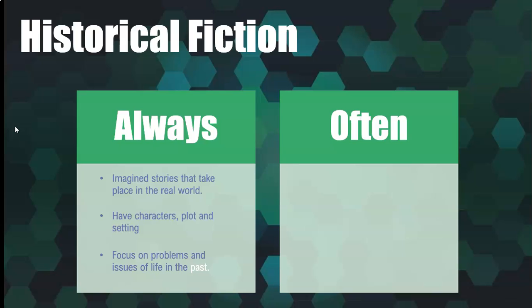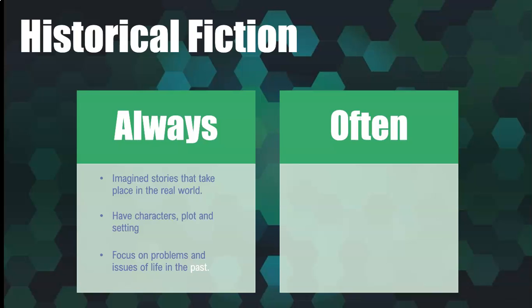And historical fiction always focuses on problems and issues of life in the past, right? Past is history. History is about the past. So if you're reading a story and it's set in the future, warning, not historical fiction, all right?